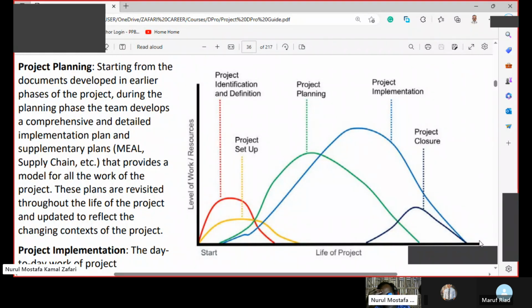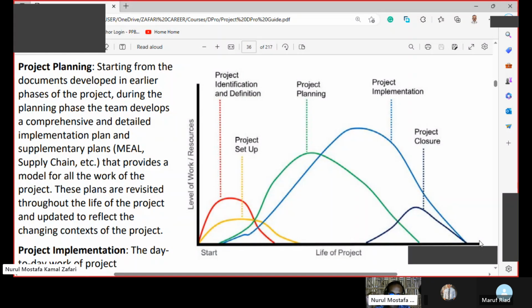Now let us see the project identification and definition. The definition phase is short-lived, and during it we invest a minimum amount of time and resources.